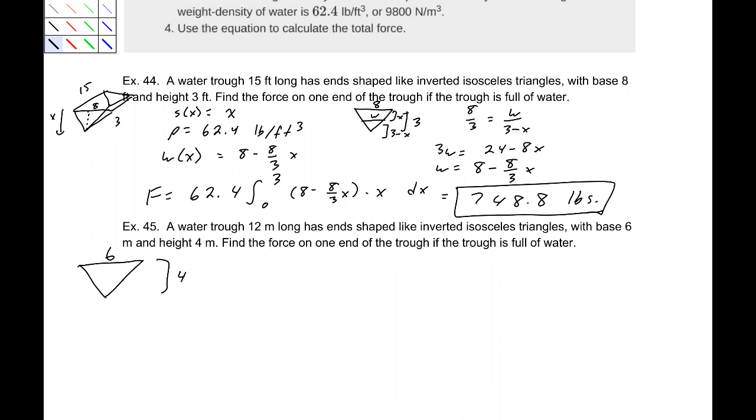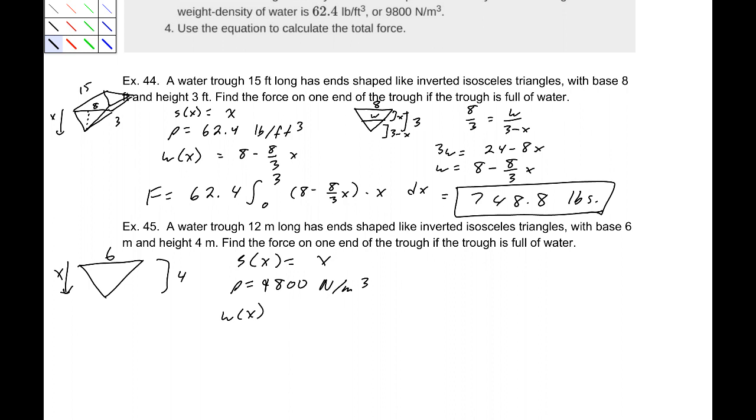Alright, so we are going to need some similar triangles eventually, but s of x, our depth function, is still x, because x is what our depth is. Our rho, our density, is 9,800 newtons per meters cubed. Okay, now our width function. That is where we're going to have to set up similar triangles.